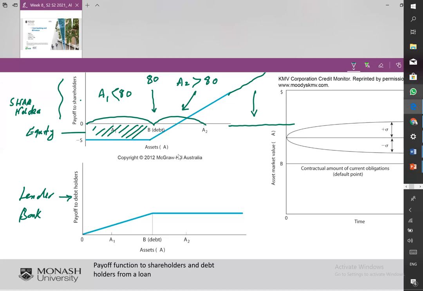If the value of the company increases over the debt they gave, they will just keep what they receive, which is their principal and interest.